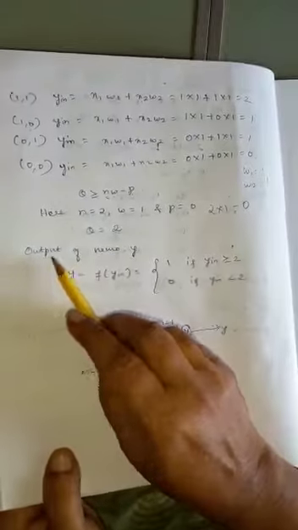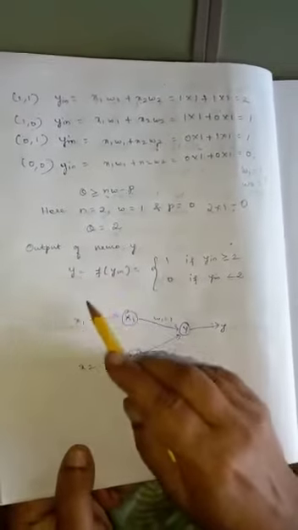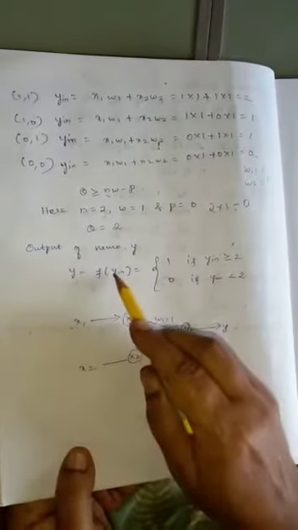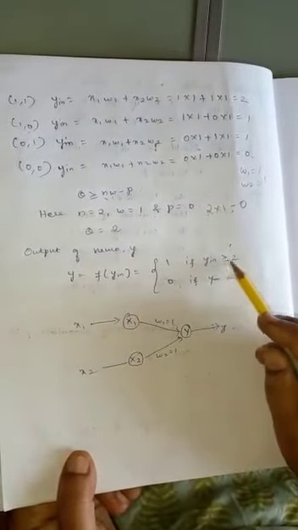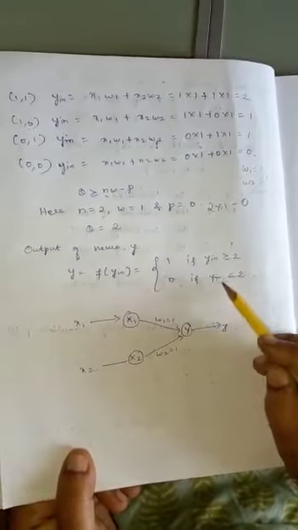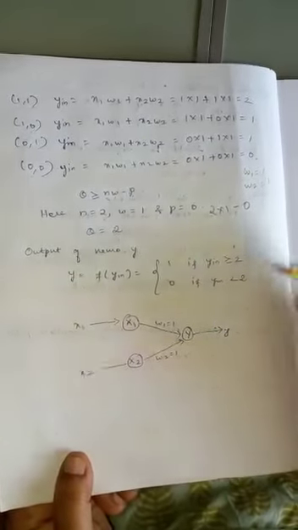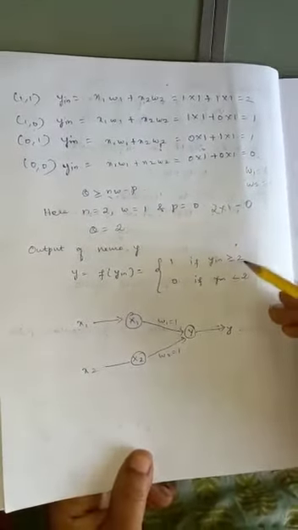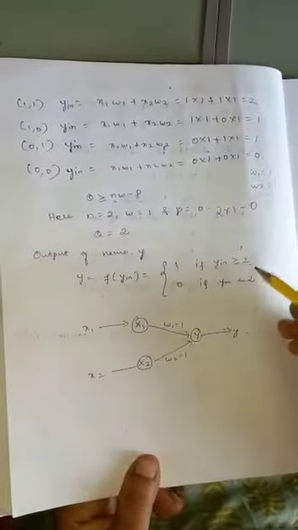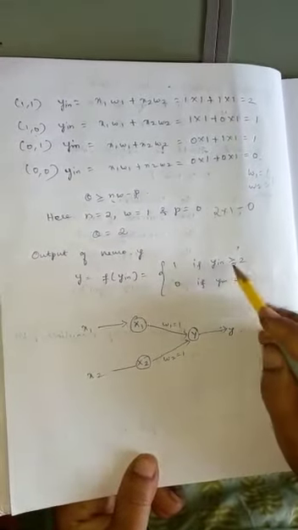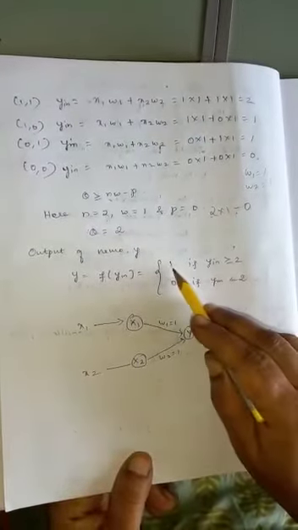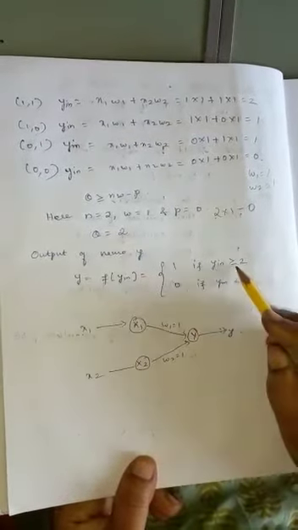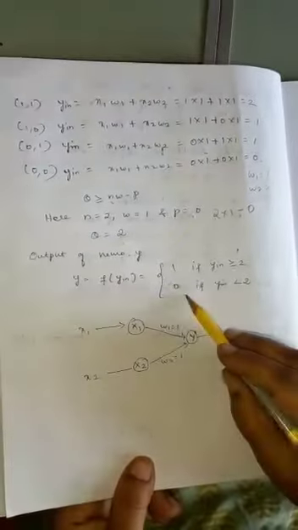Now the activation function can be defined like f of y_in is equal to 1 if y_in is greater than or equal to 2, and 0 if y_in is less than 2. Why have we defined it like this? We have defined the threshold as 2. The neuron fires with the value 1 only if the net input is greater than or equal to 2.